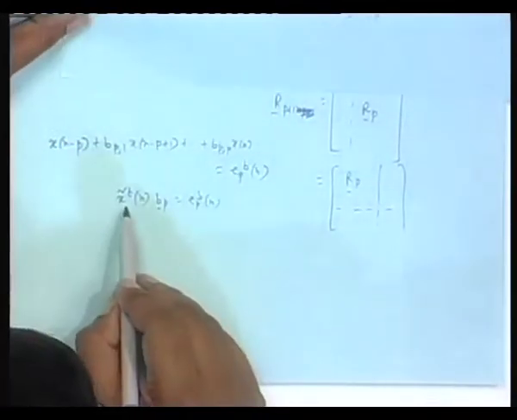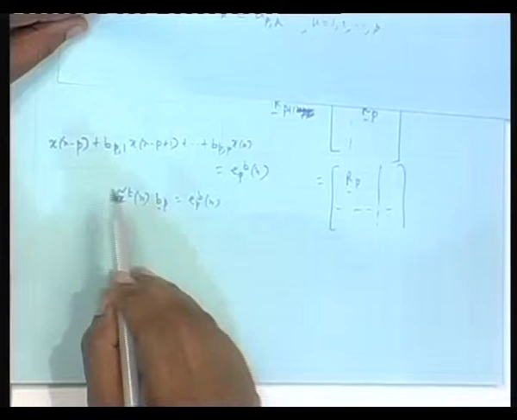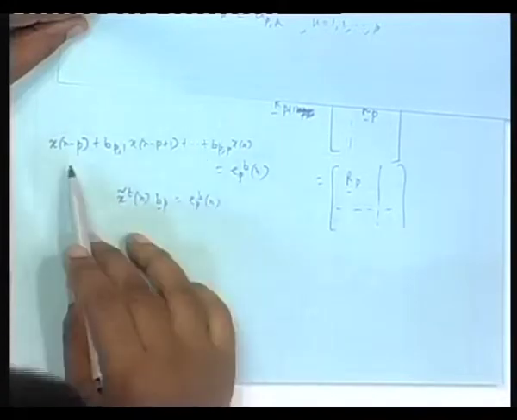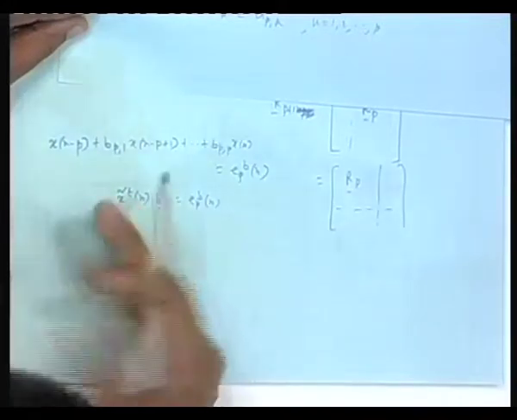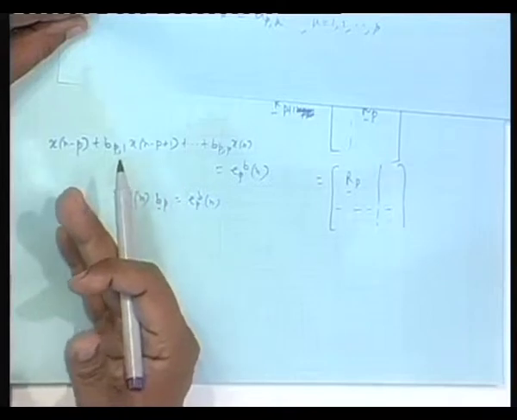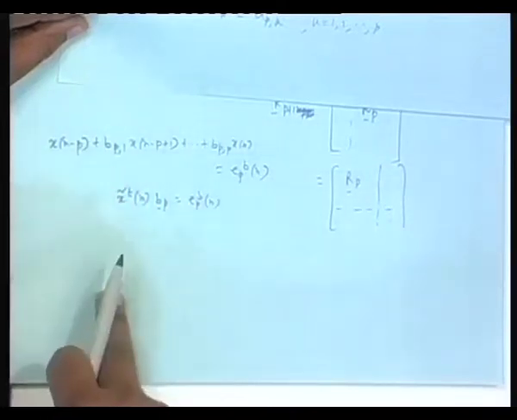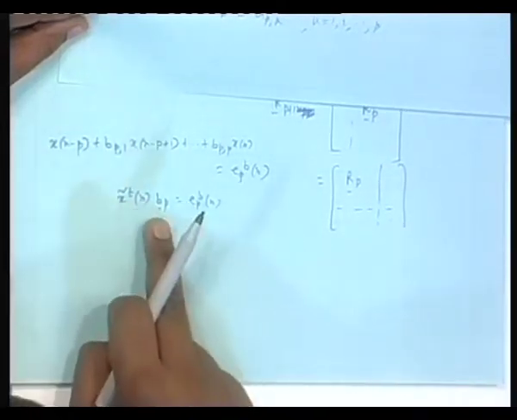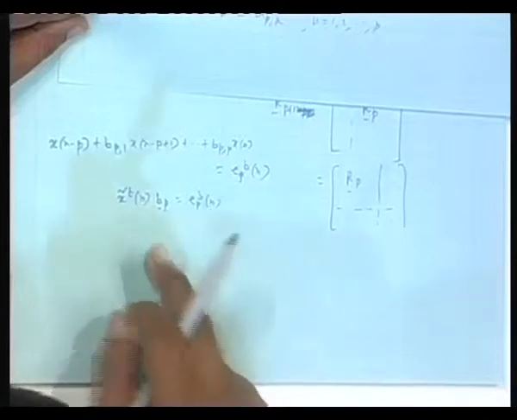So you understand? We know what is xn. The xn vector starts at xn up to xn minus p. I have made it tildified. So it's xn minus p to xn, and then times that BP vector.